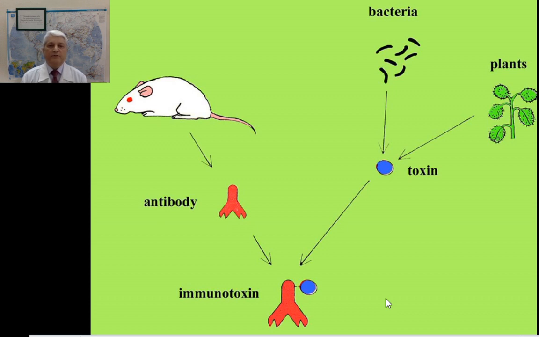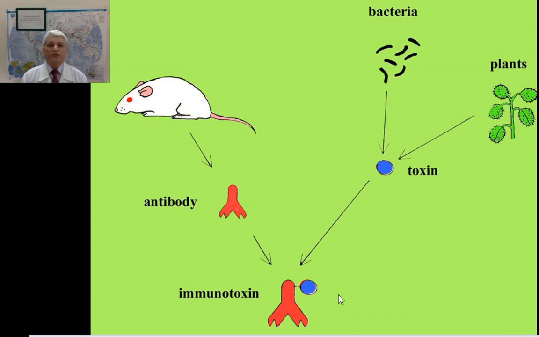Immunotoxin is the molecule of immunoglobulin with desired specificity combined with a toxic molecule, with poison.